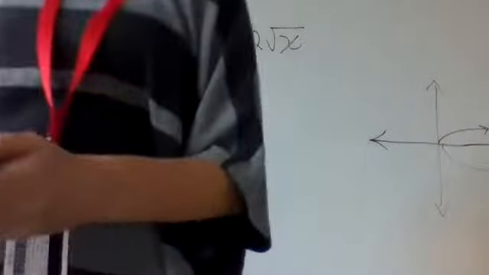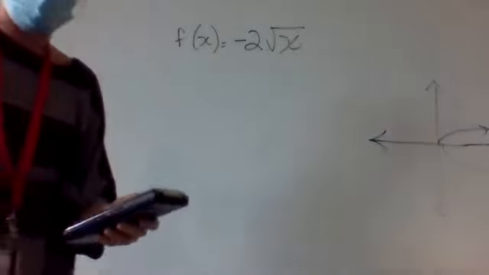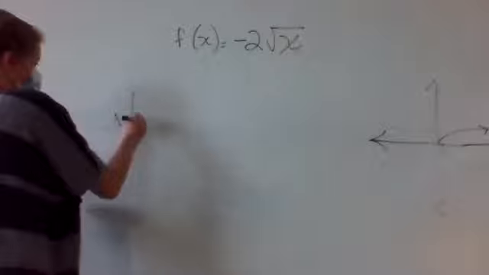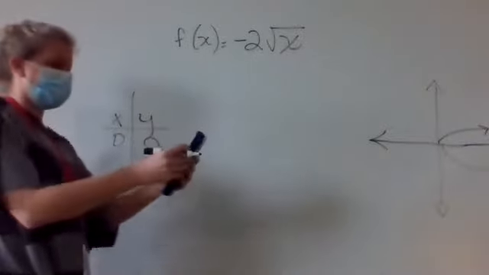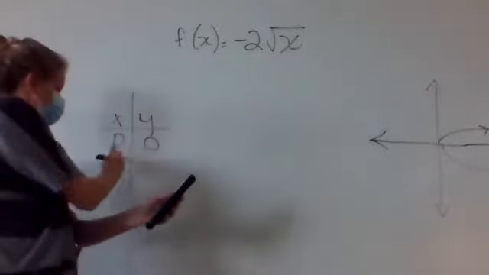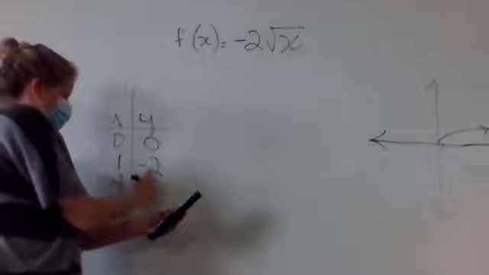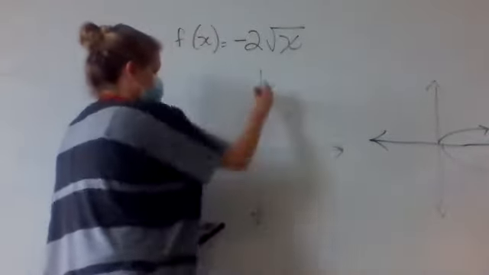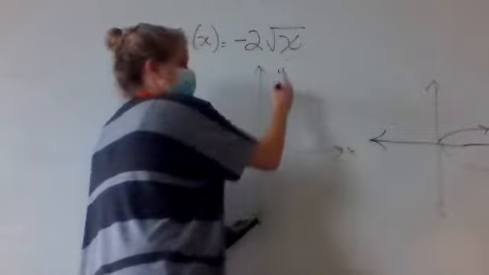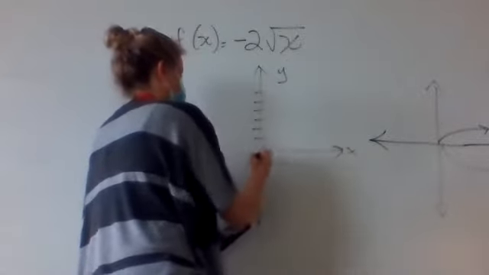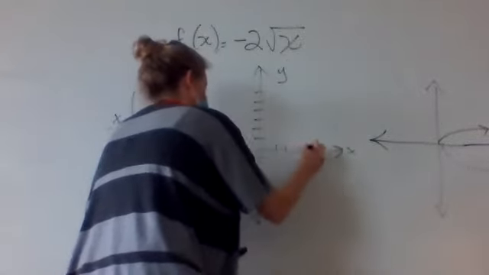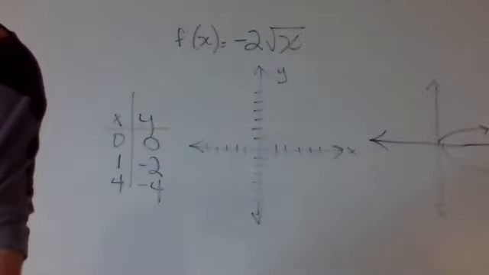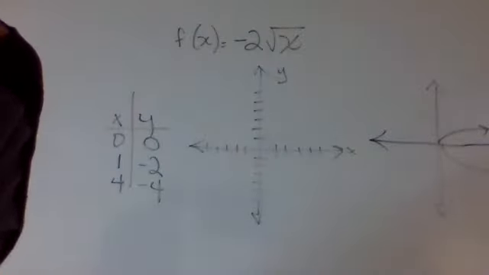Okay, if I am going to plot some points, I just go to my table. Let's see, (0, 0) is on there, (1, -2), and (4, -4). Again, it starts at (0, 0).